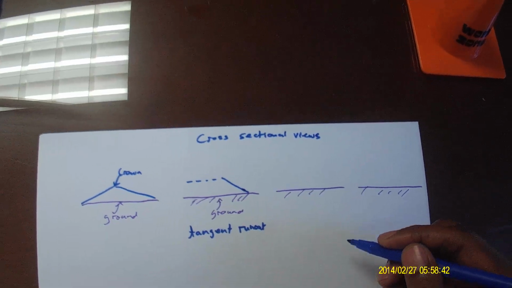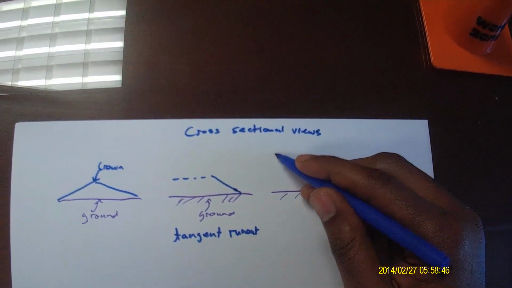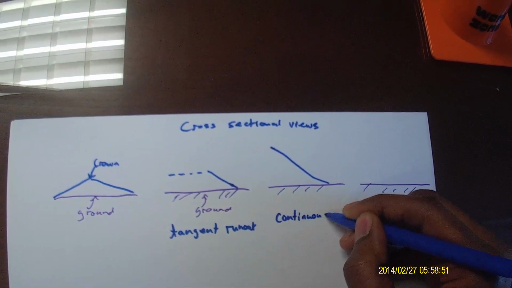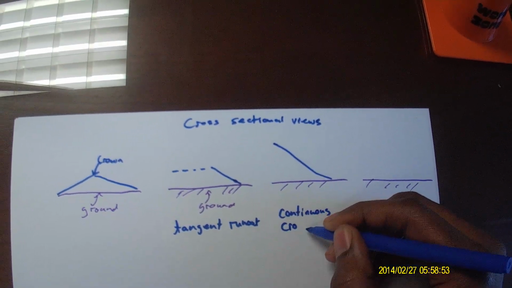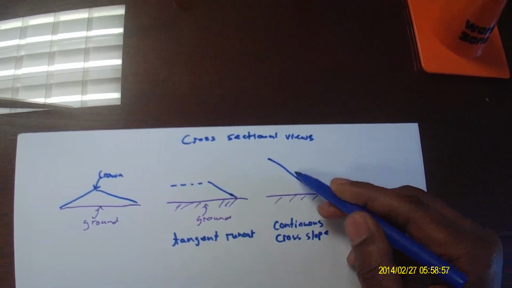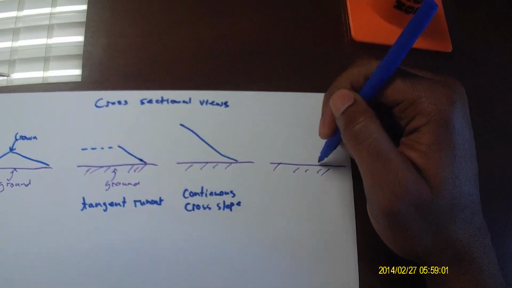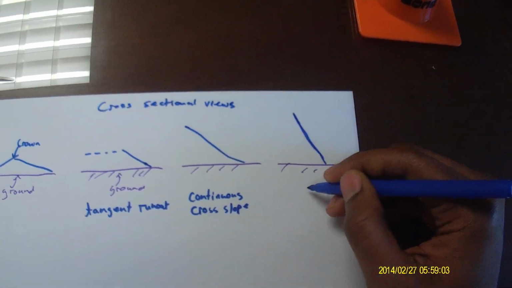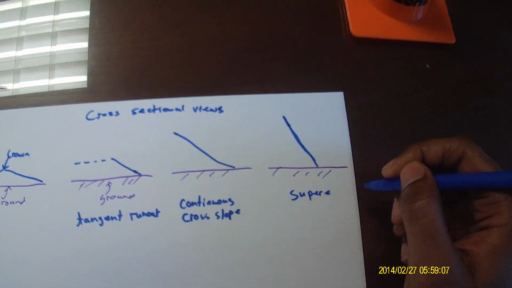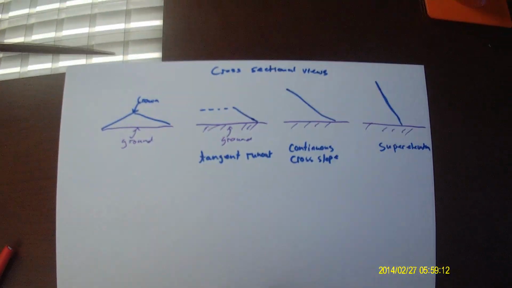And then I will be able to reach something called the continuous cross slope, because my cross slope is continuing through. And then finally, I reach the super elevation. All right, we should be okay with that now.